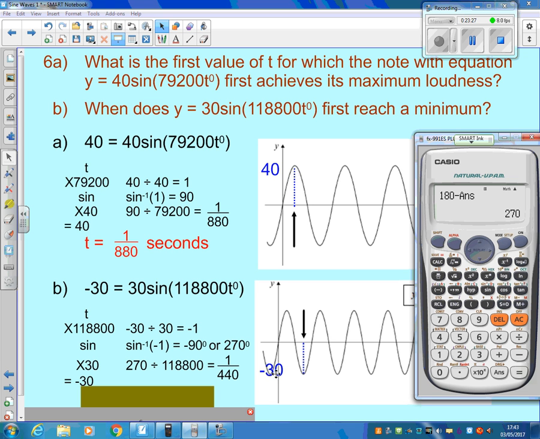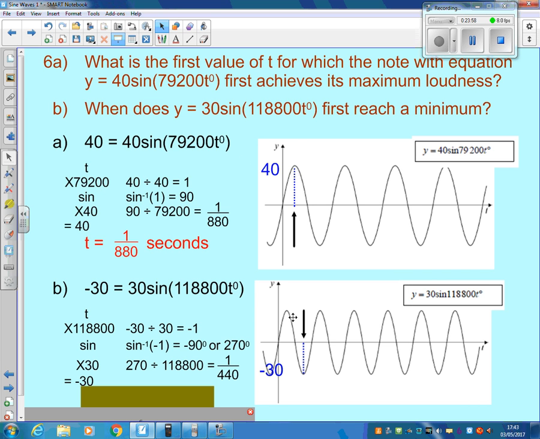So basically, one position, this place here, was minus 90. The next one across was 90, 180, 270. That's the one I want. And if I've got 270 here, I can divide it by 118,800, and there, 1 over 440. That is going to be the time it takes to get there.